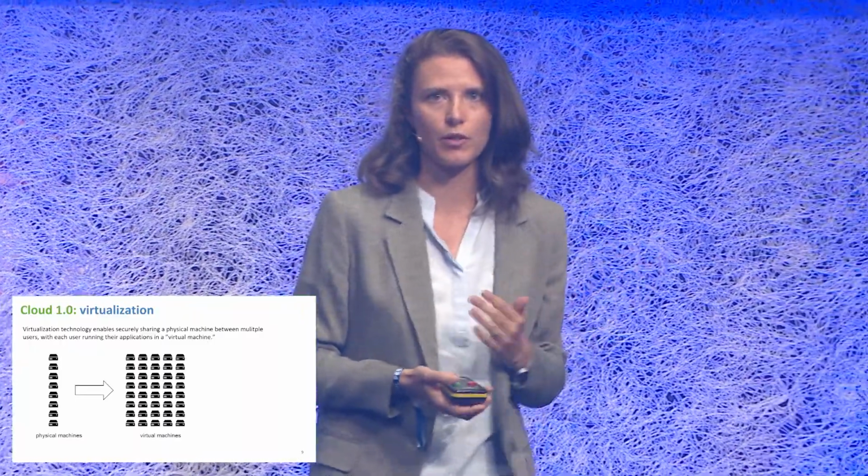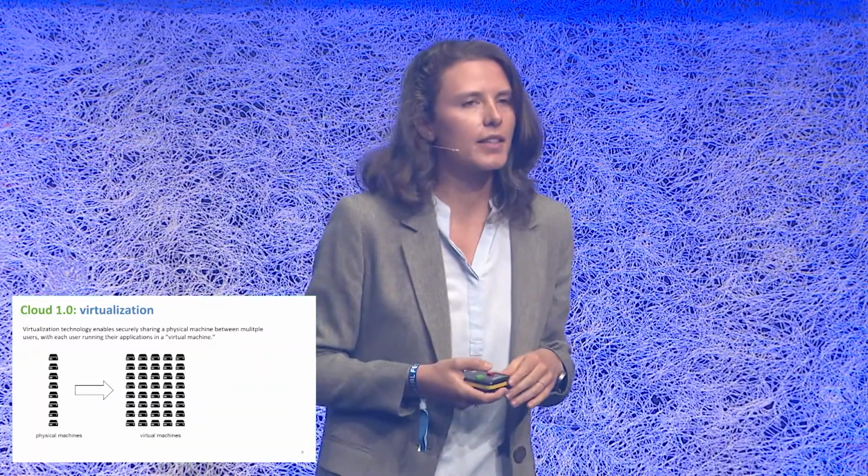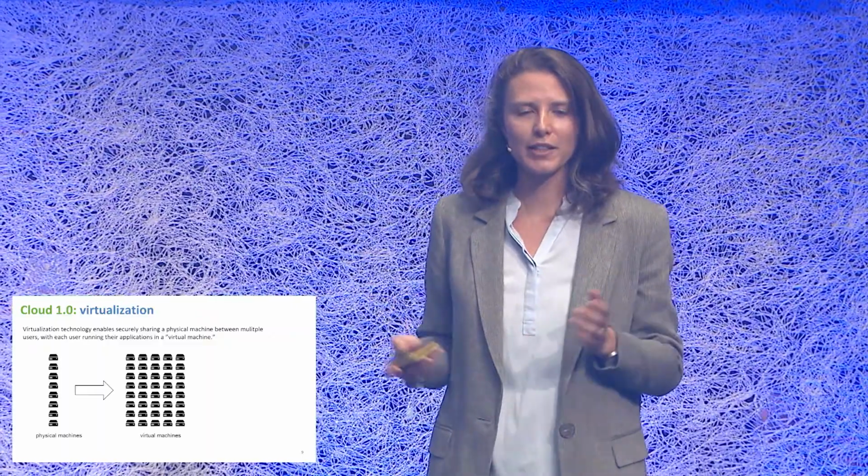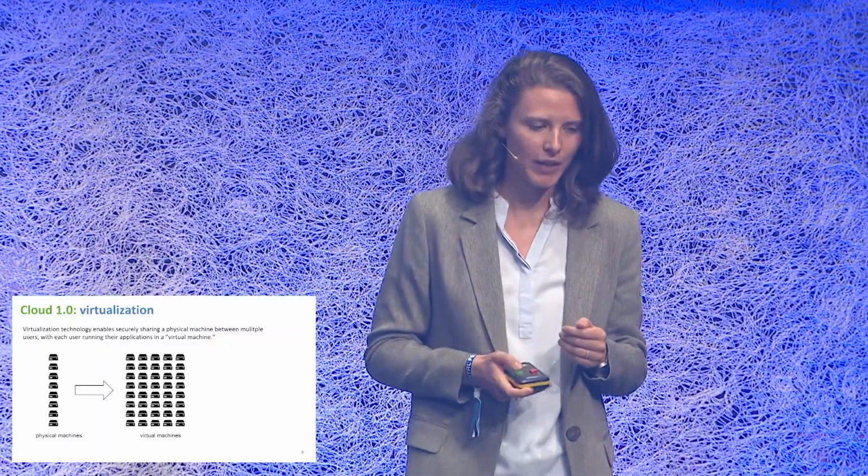We can run the applications for multiple different users on a single physical platform, and we can do so in a secure manner, isolating the information of each user's applications. This is the first step that the cloud really relies on: the ability to share resources and virtualize them. So I'm calling this Cloud 1.0.